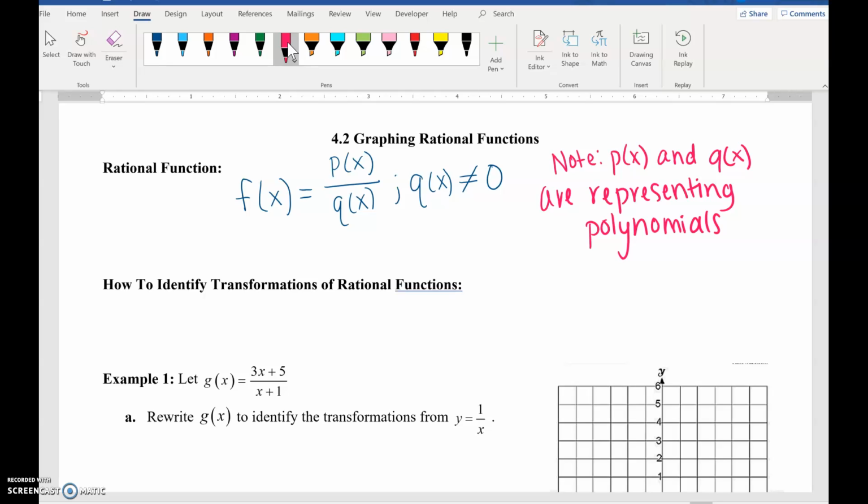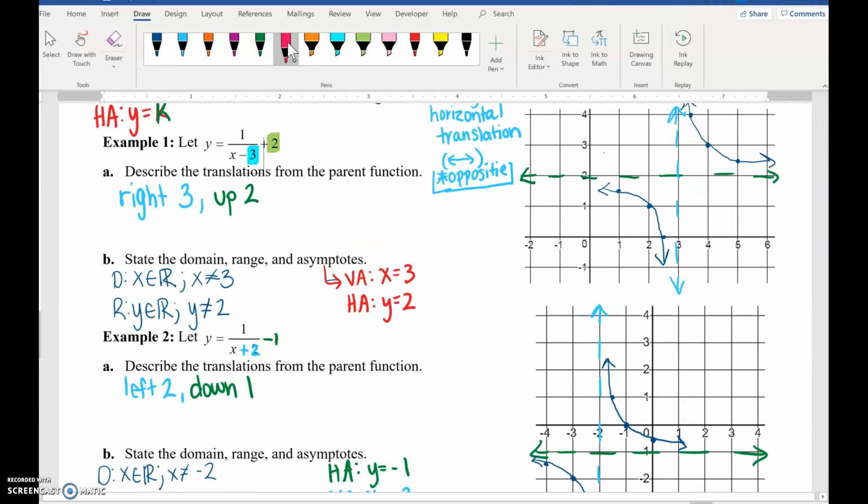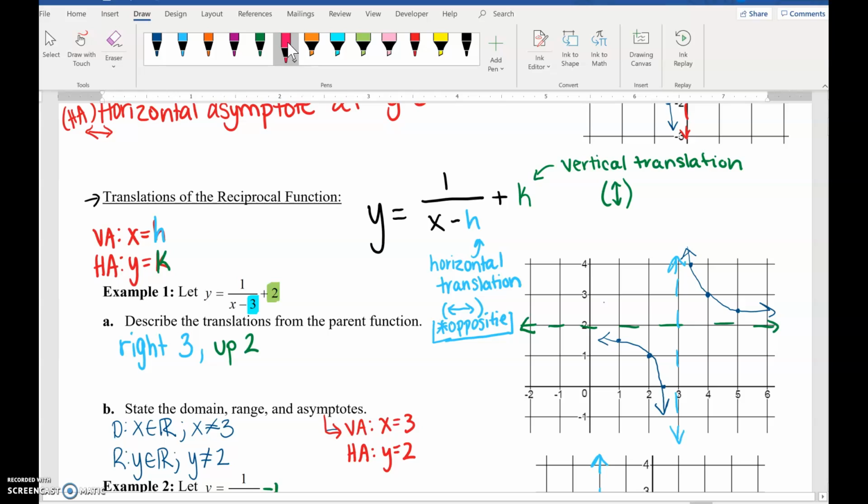So how can we tell the transformations from a rational function? So yesterday, or whatever day you watched the last video, we talked about reciprocal functions, and I'll just go ahead and scroll back up to that part. So we talked about the h being the horizontal one and the k being that one, and we could see it.